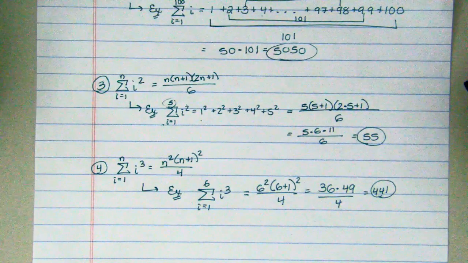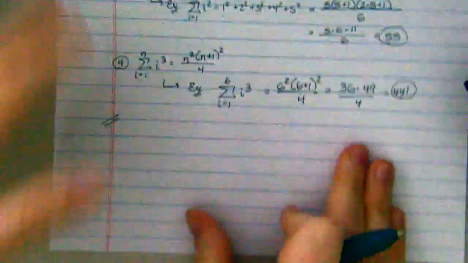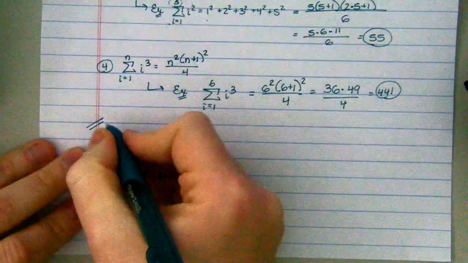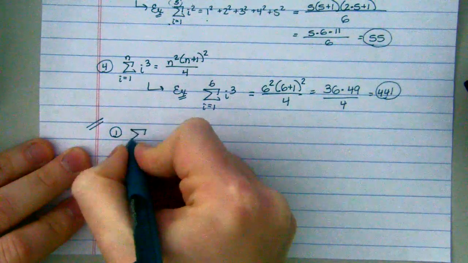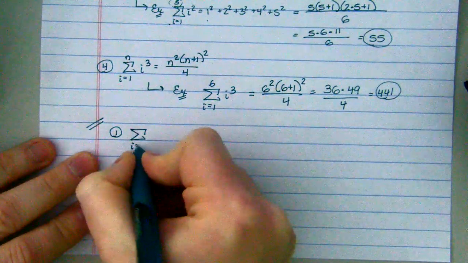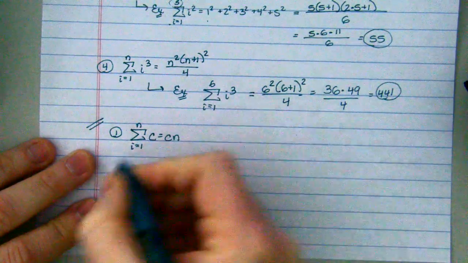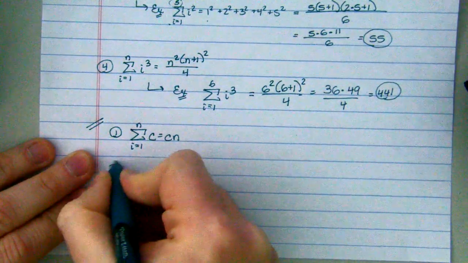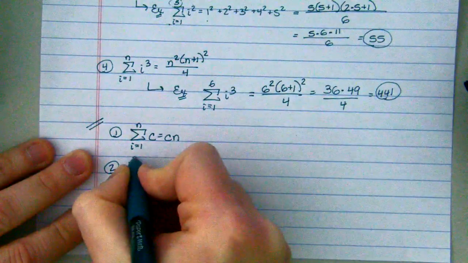We're going to need to be able to work with these 4 formulas. I think I want to just rewrite them all in one place. If you were in class right now, I'd have a big poster of these hanging on the board. These are not formulas you're going to have to memorize. You will be given them anytime you need them. But we do need to be able to work with them. So I'm going to write them down one more time.